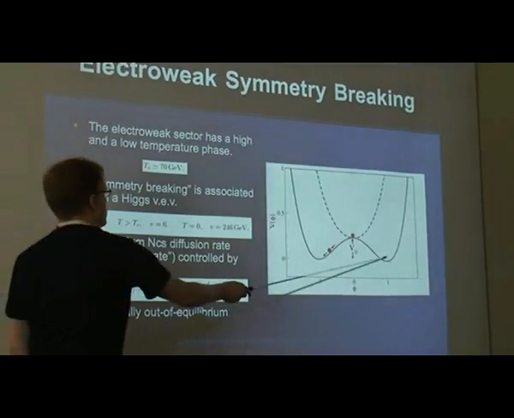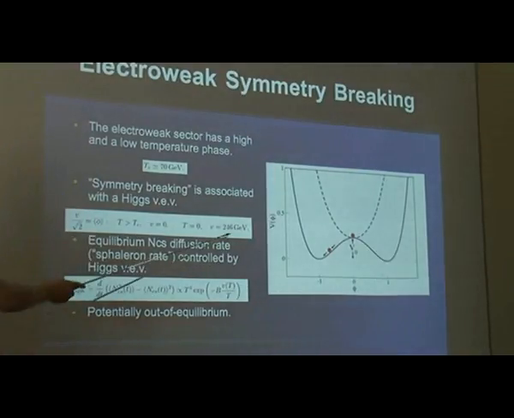So it's something else, which happens to be 246 GeV. In the appropriate way, there is a critical temperature above which the symmetry is restored, is the phrase. So the VEV is 0. And then there is a low temperature phase, let's say temperature 0, where the VEV is 246.